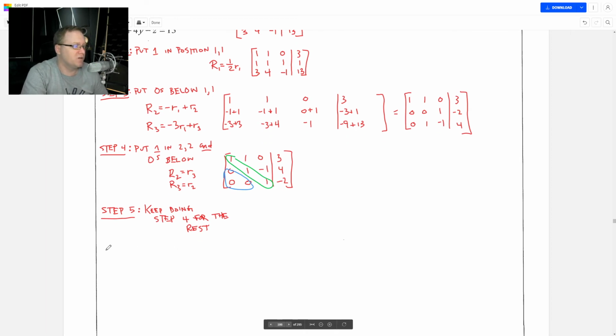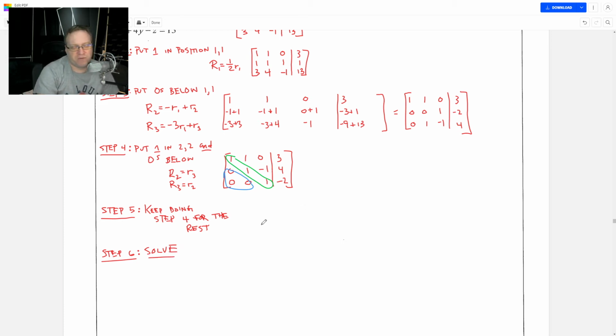All right, so the last part, step 6, this is the last part, is now that we have row echelon form, we can solve for each variable using the system of equations that this one represents.